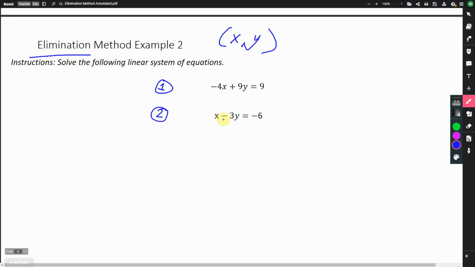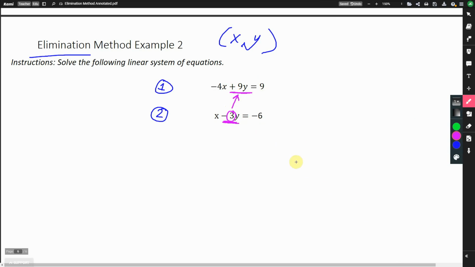Okay? So now it takes a little bit of thinking. But you got to think about, okay, this one, let's do purple for now. This one is negative 3y. This one is positive 9y. So if I were to add them, they're not going to cancel out yet. So I got to make this 3 into this 9. And the only way we're going to do that is by multiplying.